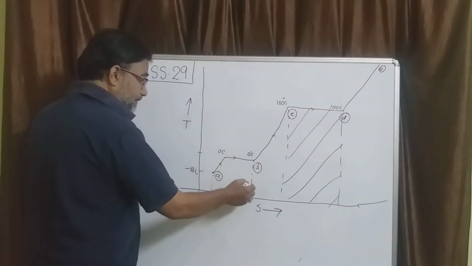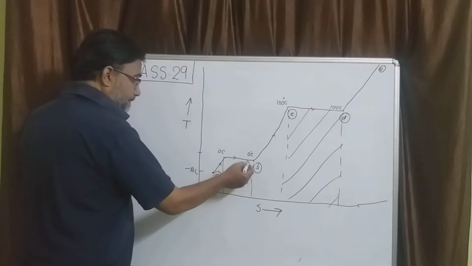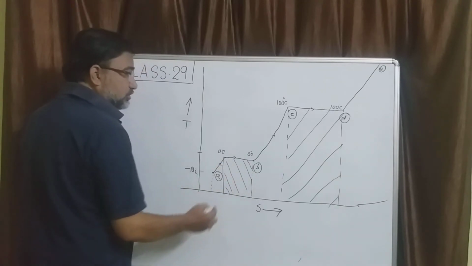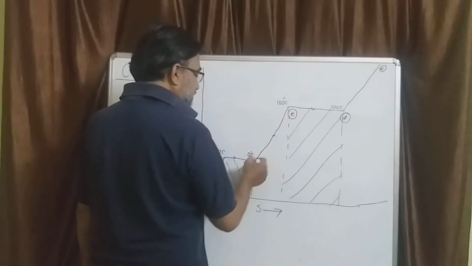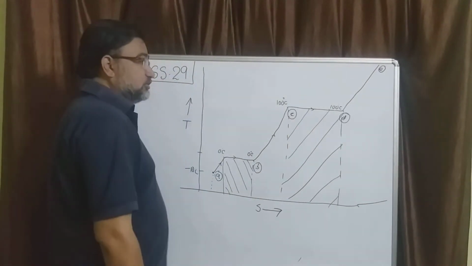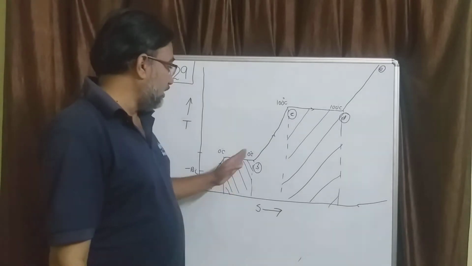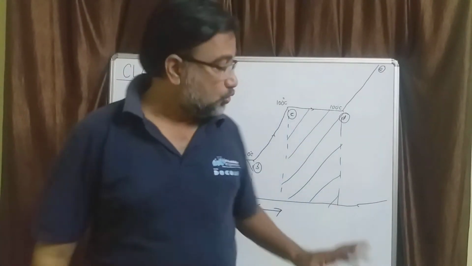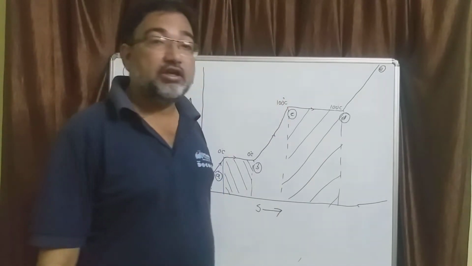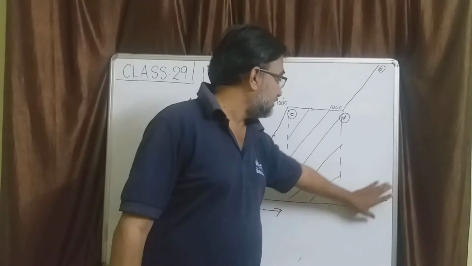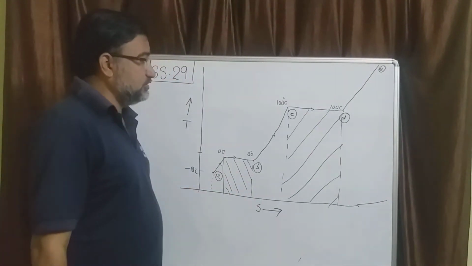This area will give me the latent heat of fusion, and this area will give you the sensible heat, which is required to take it from 0 degree centigrade, which is the melting point, to 100 degree centigrade, which is the boiling point. Okay, so this is the sensible heat, and these are the latent heats.